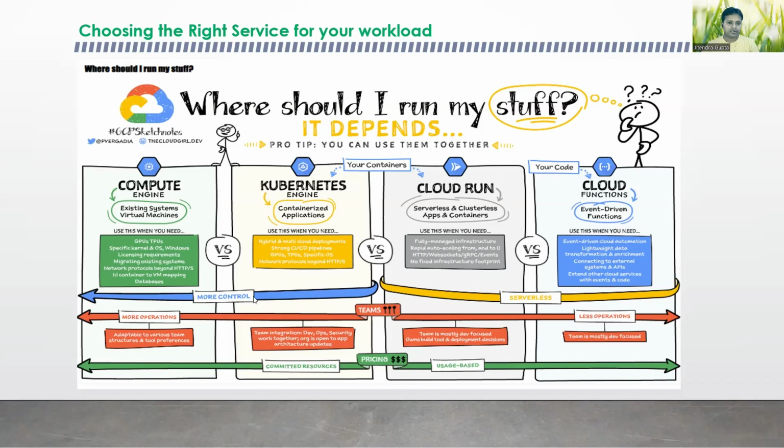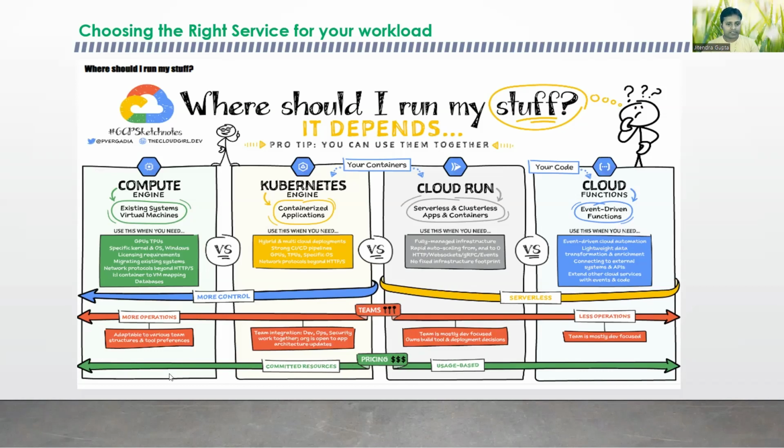Now, based on the shared responsibility model, on the left hand side you will have more controls, but more responsibility as well. But as you are moving towards the right, the responsibilities will be less. You will have less control as well. Okay. So that is how it works.